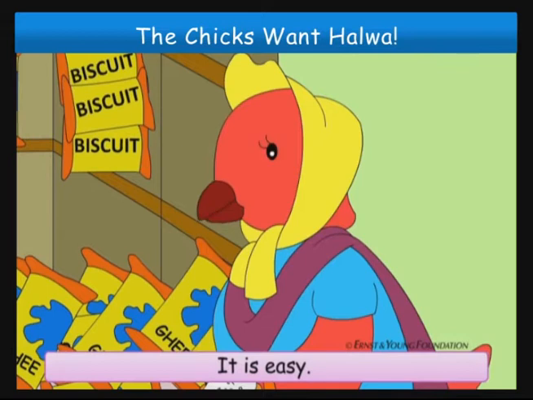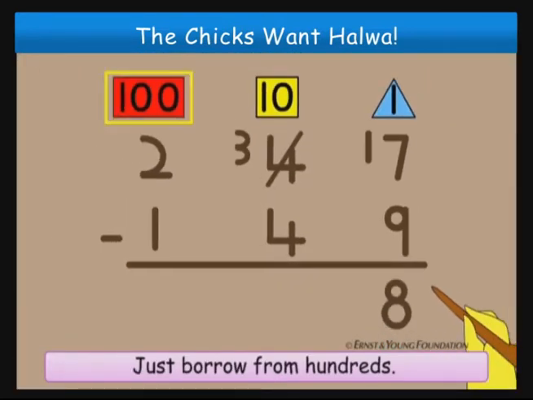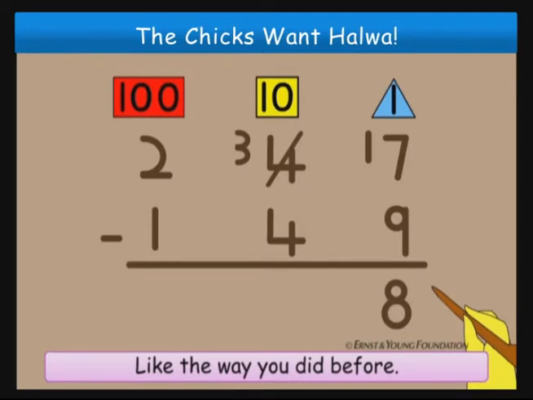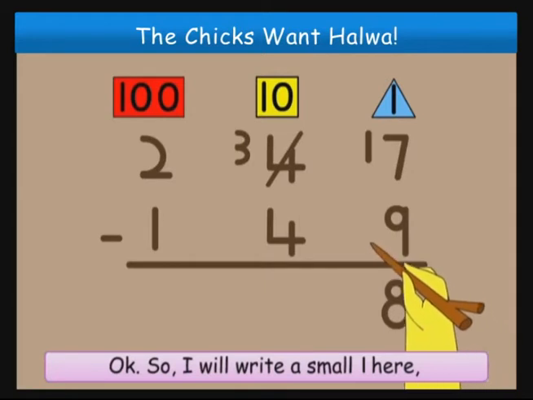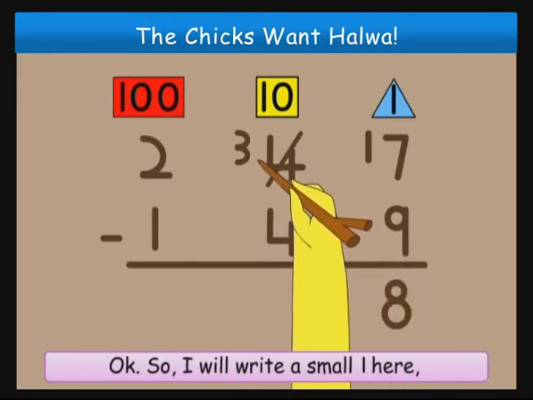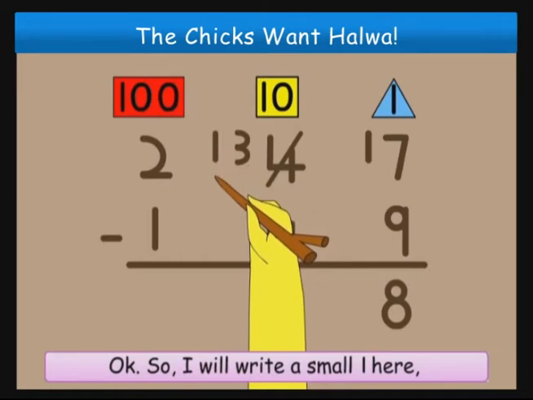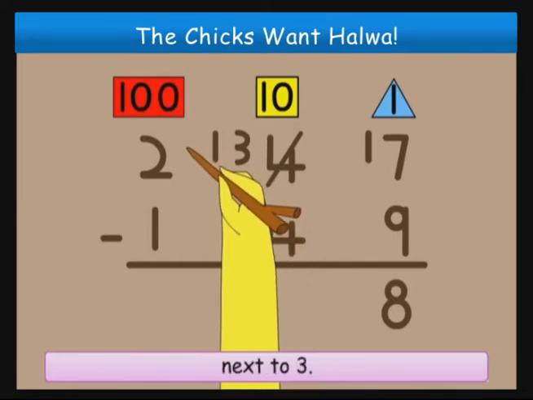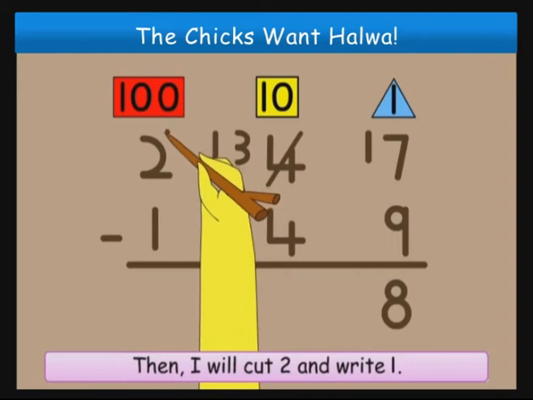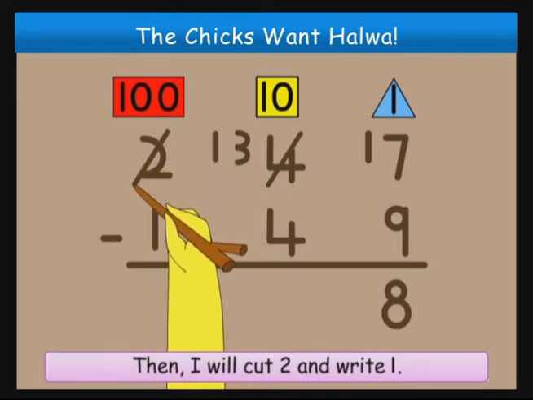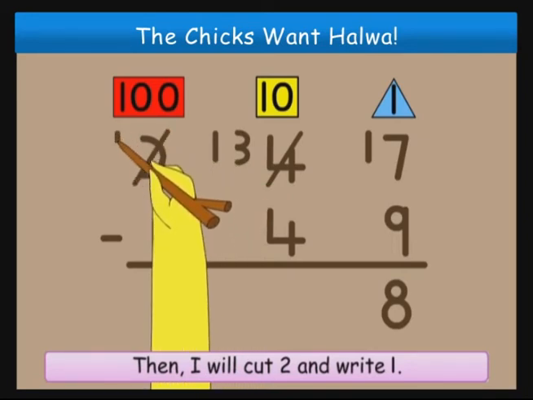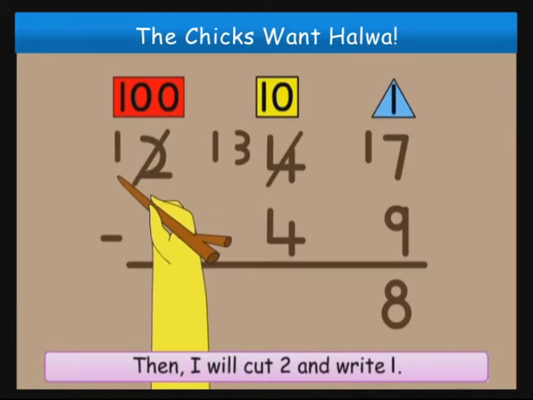It is easy. Just borrow from hundreds, like the way you did before. Okay, so I will write a small one here next to 3. Then I will cut 2 and write 1.